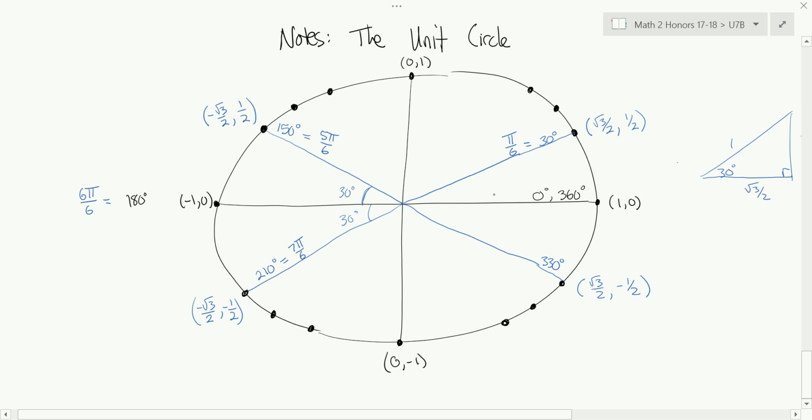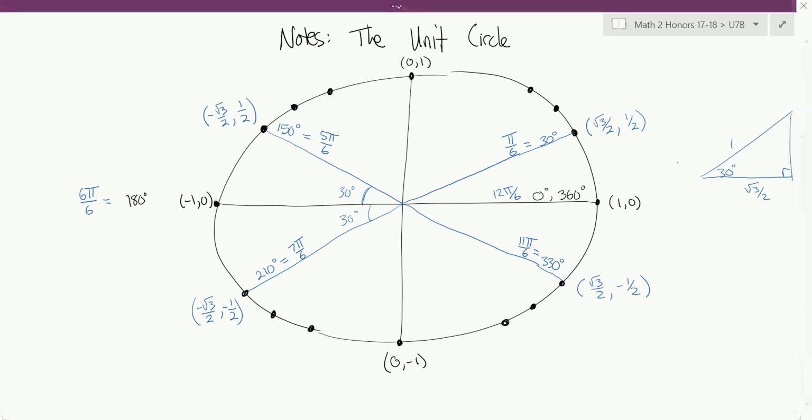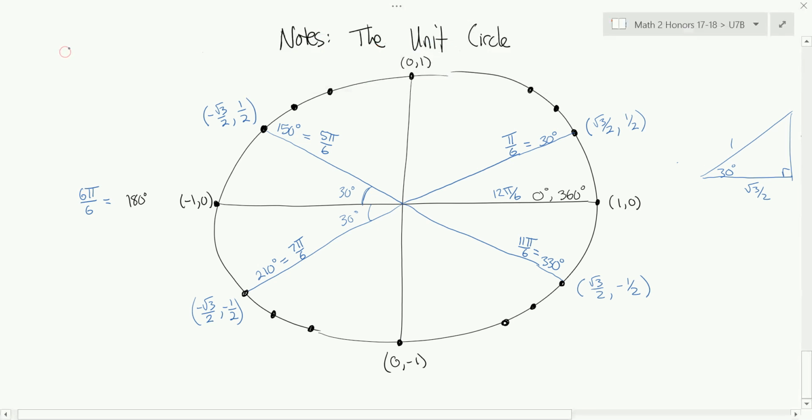Okay, so this is 12 pi over 6 here. And we're going to have to go back 1 pi over 6. So what is that? 11 pi over 6. Good.